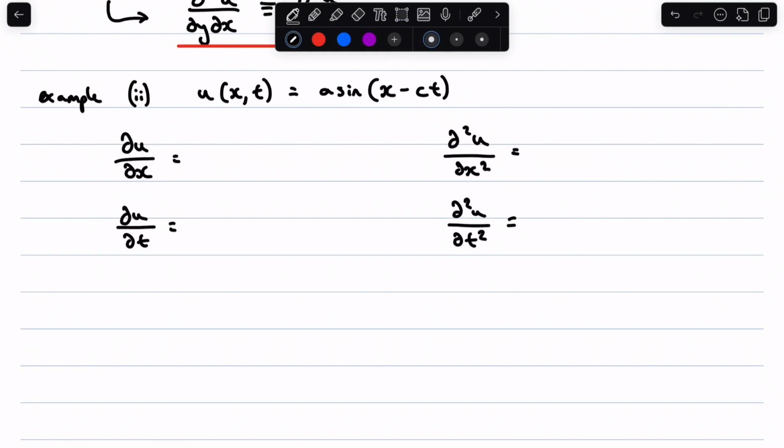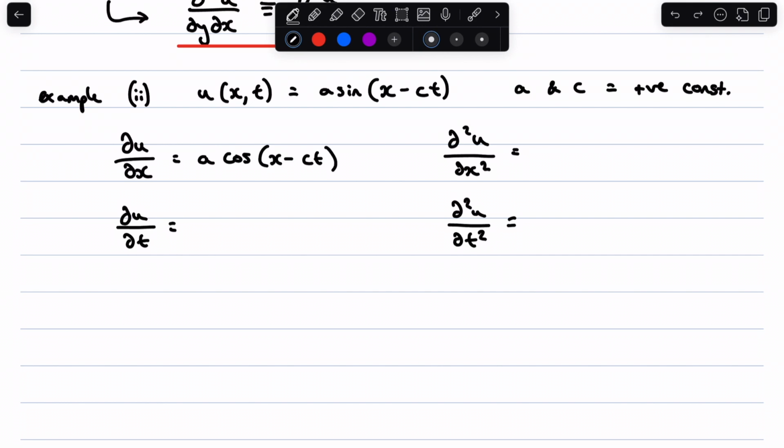So now if we consider another example where u is now a function of x and t, and it's equal to a sine x minus ct, where a and c are positive constants. If we work out our du by dx, we're going to have a cos x minus ct.